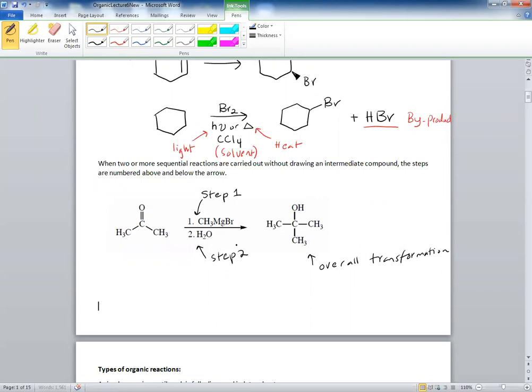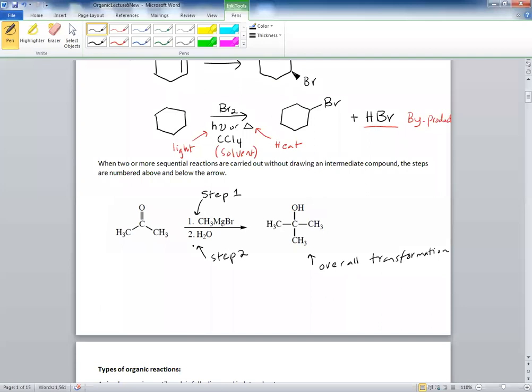So again, know what the numbers mean. Of course, there's no real convention on how things are put on the arrows right here. You could have, let's say, 2 steps above, or you can have 1 above and 1 below.